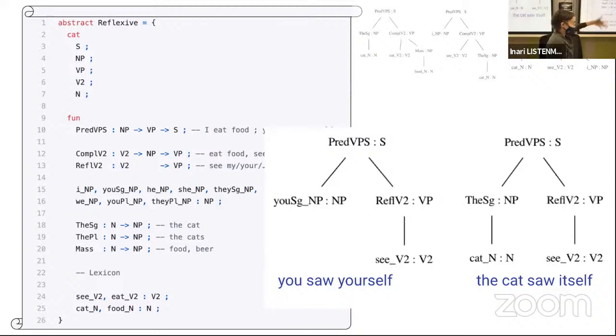And here the reflexive construction is made with this special VP. The actual reflexive pronoun is not a lexical argument, it's just a string inserted from the refl_V2 function.